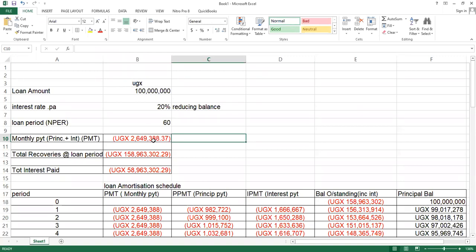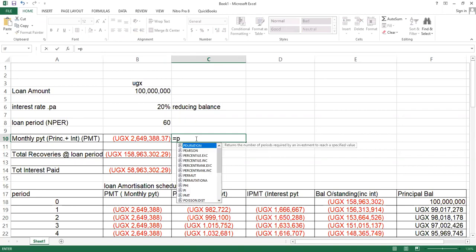Let me repeat it here. To get this figure, the monthly payment, just put an equal sign, because this is the monthly payment, which is PMT. Type the word PMT, and it will tell you it calculates the payment for a loan based on constant payments and a constant interest rate. Then open your brackets.